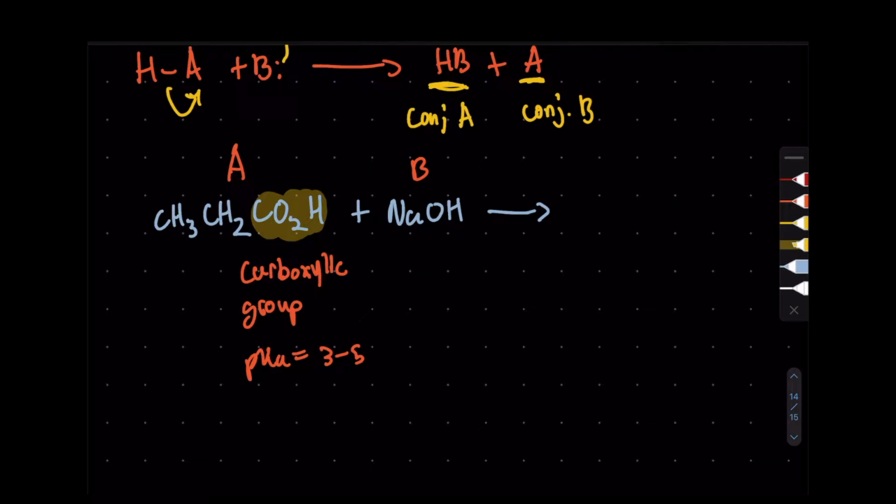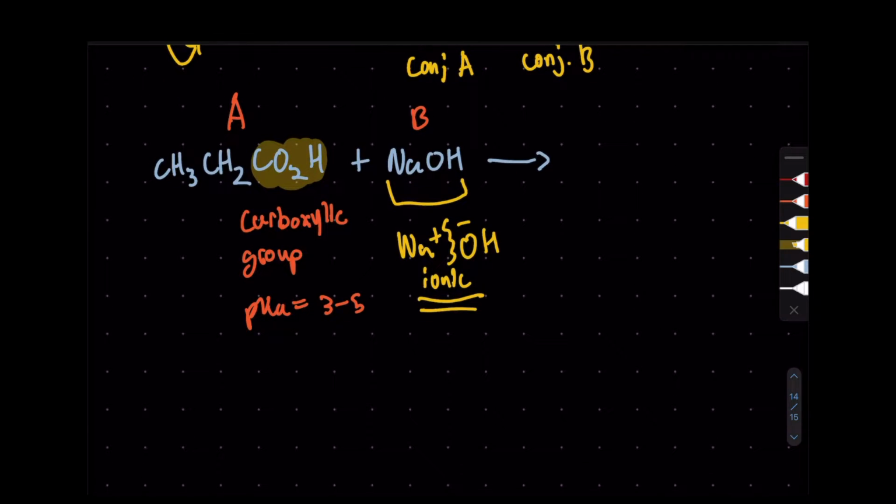And the other way to identify them is by understanding that NaOH is a Na plus and OH minus, where it's an ionic bond. So it forms a kind of a fake bond, just an attraction to the negative charge.